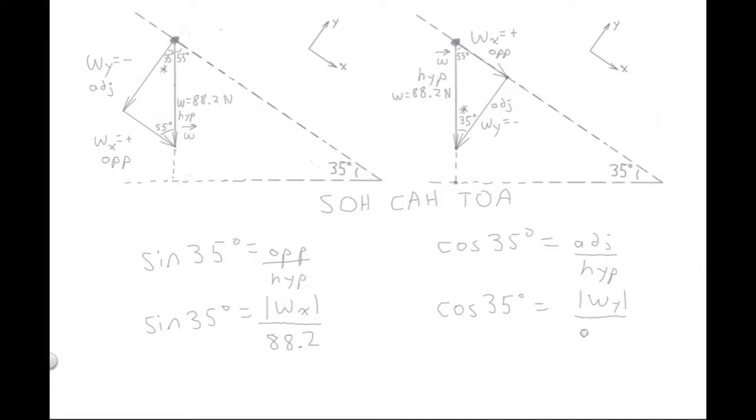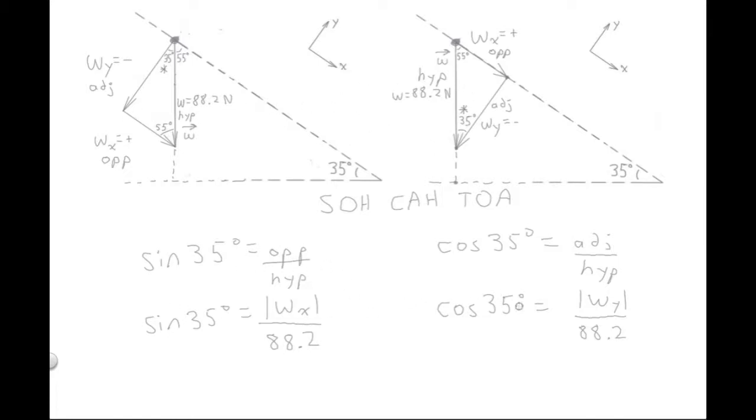And the hypotenuse is the 88.2 newtons. Notice that it doesn't matter which of these two right triangles you use. You could use either of these two right triangles. We're just showing both for completeness. The opposite in both of them is the magnitude of W sub x, and the adjacent in both triangles is the magnitude of W sub y. So you could use either of these two right triangles. On a real problem, you don't need to draw both of them.